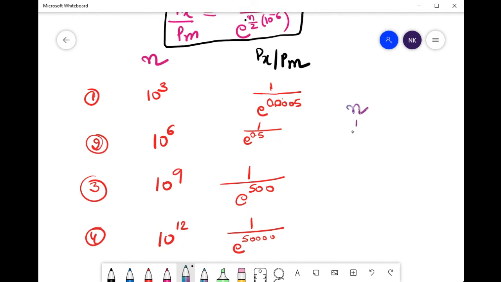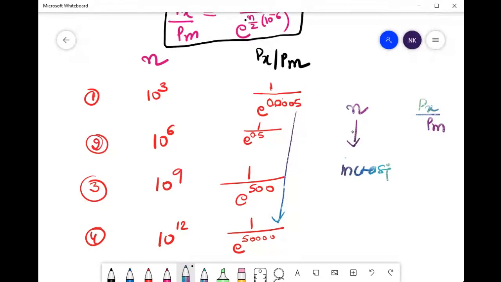as the number of particles are increasing, what is happening to px by pm? This value is decreasing. Can you see this? Because the denominator is getting very, very small.